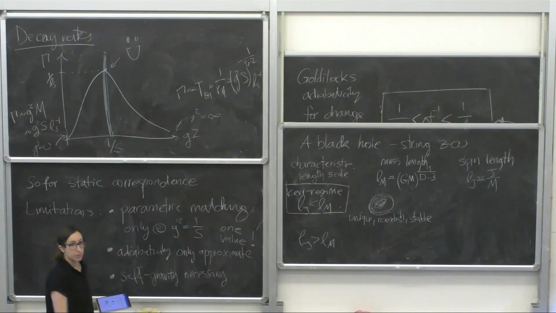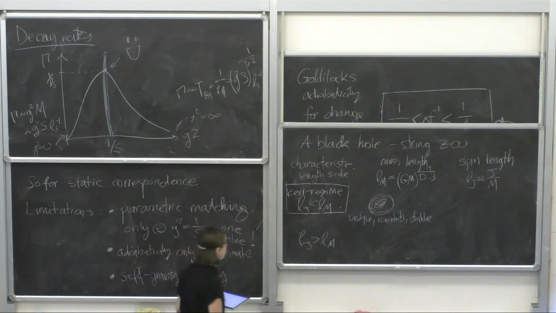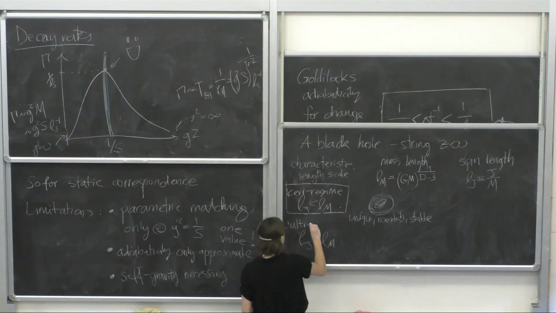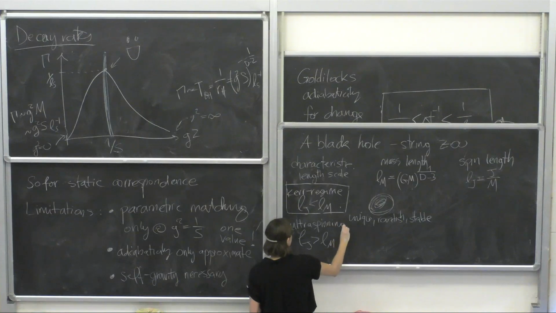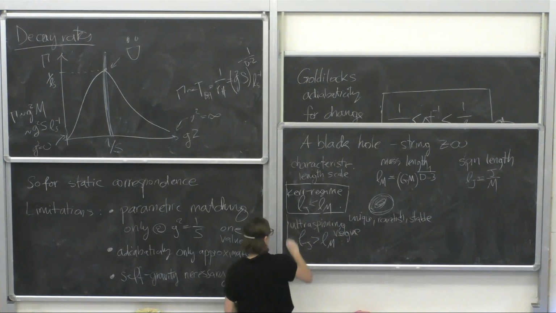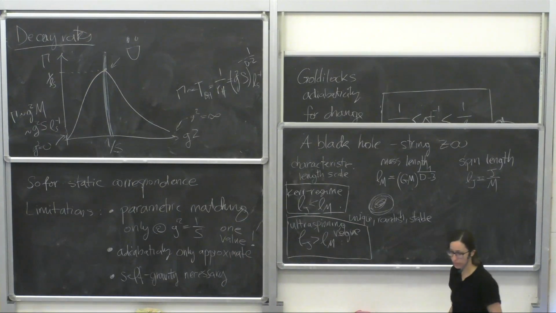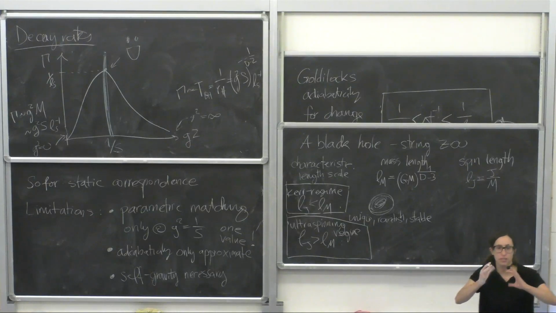Now I spin up the system, and I go to what I'll refer to as the ultra spinning regime. That is when the spin length is bigger than the mass length. So what happens when you spin up a black hole? You have this nice roundish black hole.